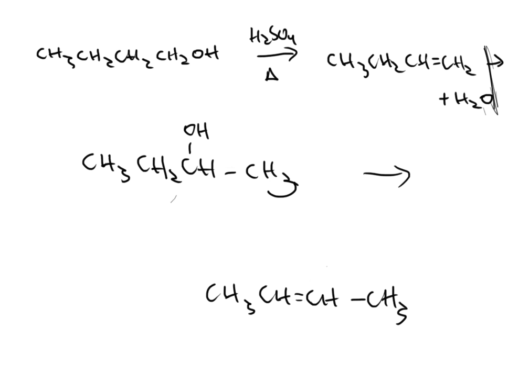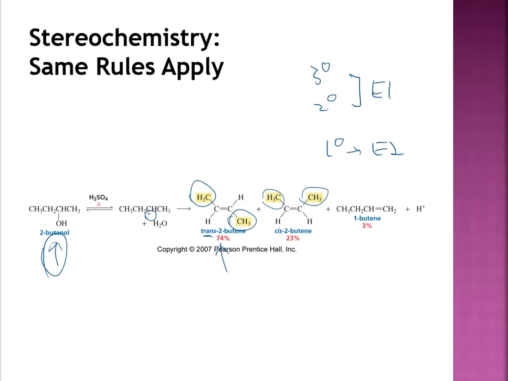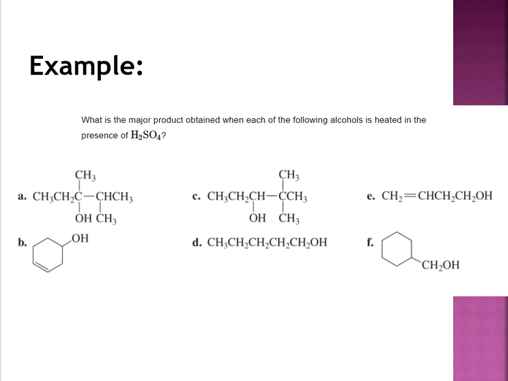So let's take a look at an example problem. Now that we know these eliminations are out there, let's take a look. What's the major product obtained when each of the following alcohols is heated in the presence of sulfuric acid? Okay, so that's the dead giveaway: eliminations. They want you to eliminate here.